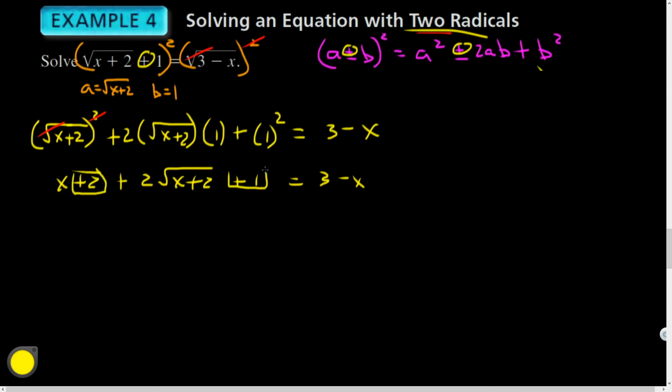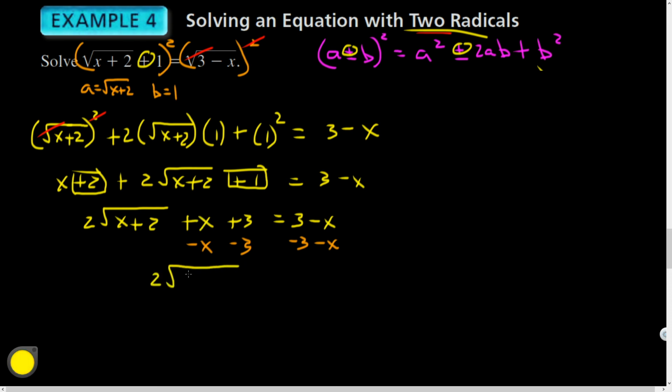I can combine some like terms. So I'll have, let's see, 2 rad x plus 2 plus x, and the 2 and the 1 became 3, equals 3 minus x. All right, this is at least fortunate. Subtract 3 from both sides, guys. We're doing combo moves. I'm subtracting x from both sides as well.